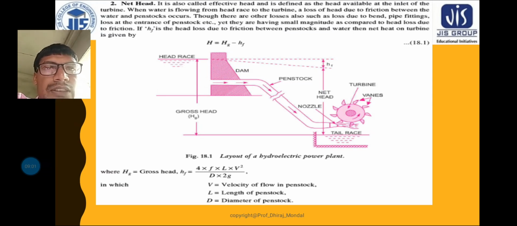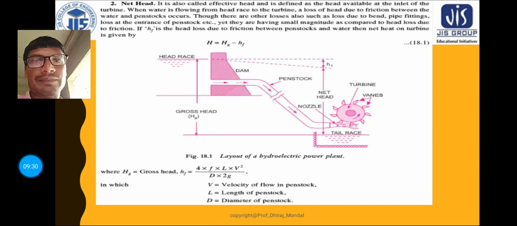The potential energy is converted into kinetic energy, and when it is exerted on the turbine blade, the turbine blade rotates, as a result the runner rotates, and the shaft will be in rotational motion. When the shaft is rotating, we have coupled an electric generator, and with the help of that electric generator the electric power is obtained.